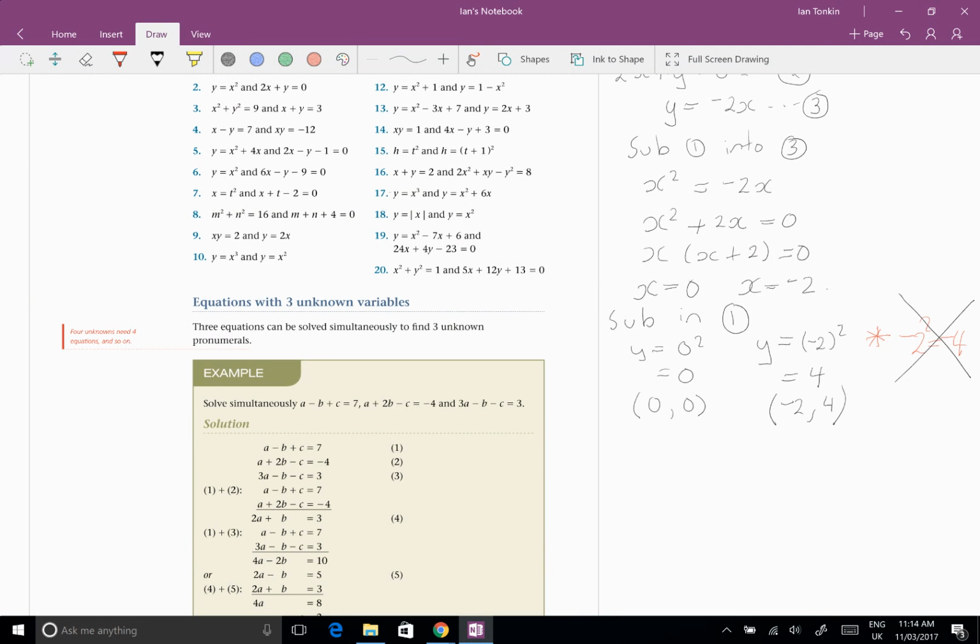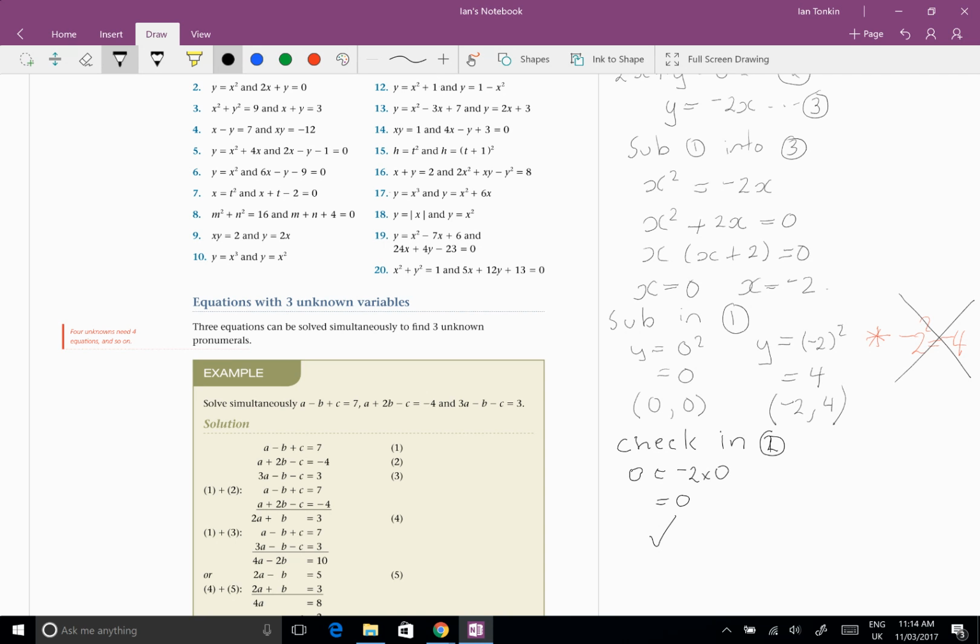So here we go. We'll check those equations in equation number 2, because we got them from equation number 1, right? We're up here. So we get 0 equals negative 2 times 0, which equals 0.